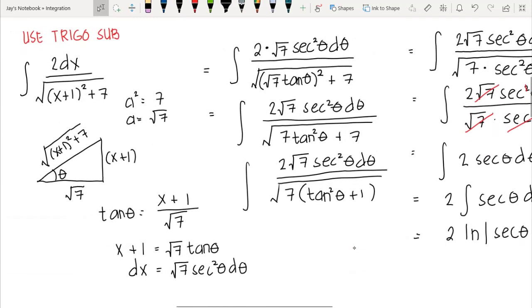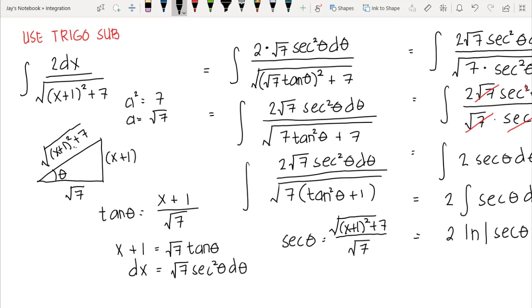Now let's go back to the right triangle. We have here secant theta. Again, our secant theta is basically just the opposite of cosine theta, or that is just the hypotenuse over the adjacent. Correct? So therefore, our hypotenuse here is this one, that is the square root of x plus 1 squared plus 7 over the adjacent square root of 7.